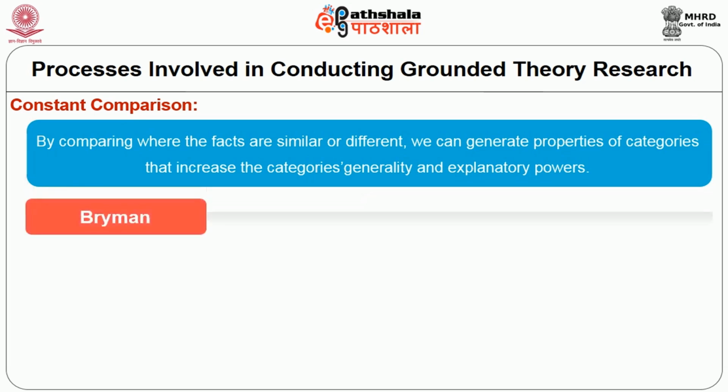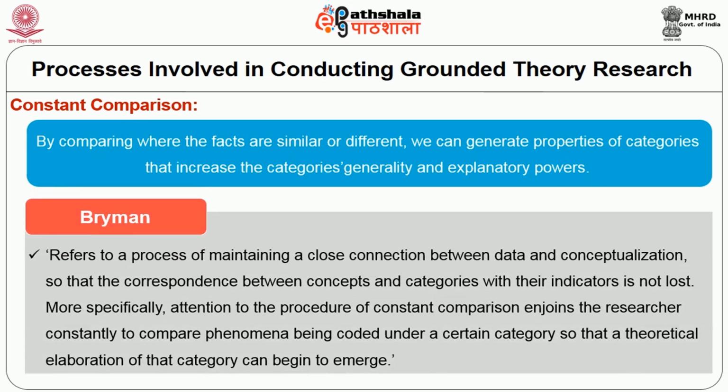Constant comparison, according to Bremen, refers to a process of maintaining a close connection between data and conceptualization so that the correspondence between concepts and categories with their indicators is not lost. More specifically, attention to the procedure of constant comparison enjoins the researcher constantly to compare phenomena being coded under a certain category so that a theoretical elaboration of that category can begin to emerge.